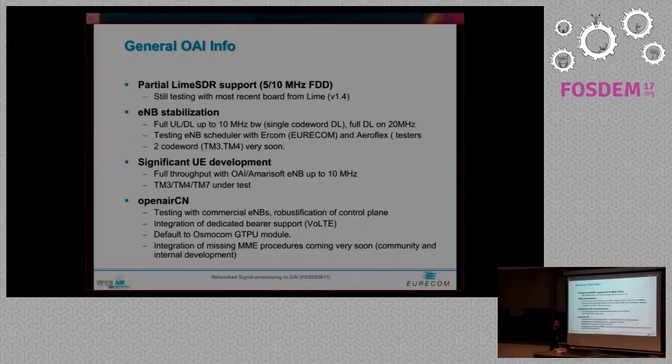That helped a lot. And now with some of the partners in the community, we're integrating some of the missing procedures in the core network, which will make something much closer to a commercial core. And so that's it. I'm sorry there was a lot of information here. You will have the slides in any case.